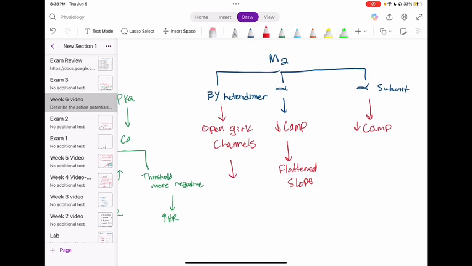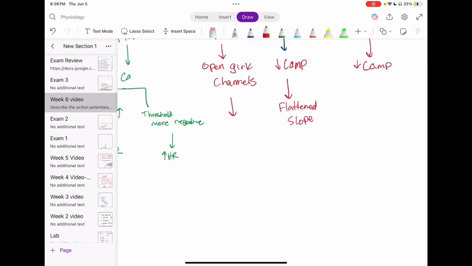So, as it allows that potassium to enter the membrane, the potential is going to be more negative, which is in turn going to decrease the heart rate because we have fewer action potentials going through the heart.